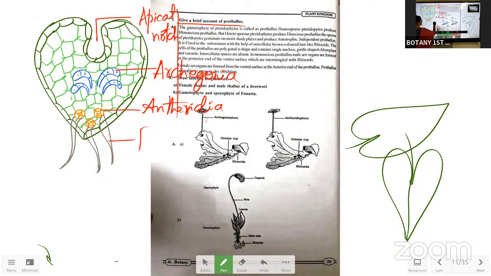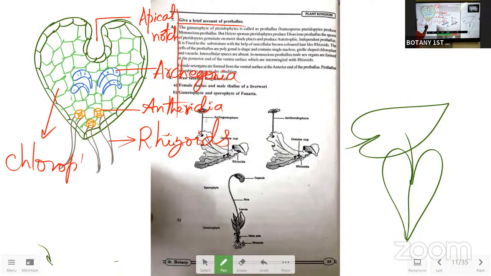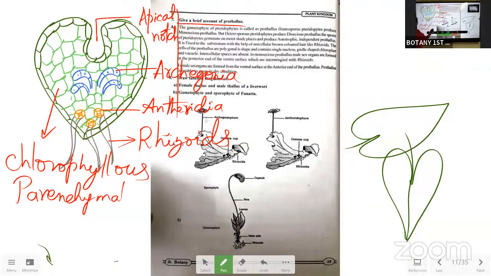And these are rhizoids. And this is chlorophyllous parenchymatous tissue. Only this much you need to write.